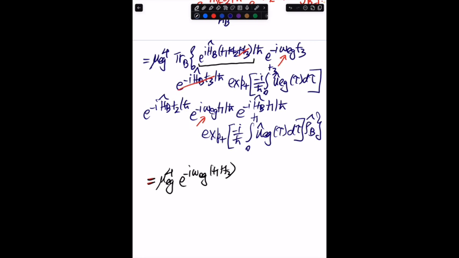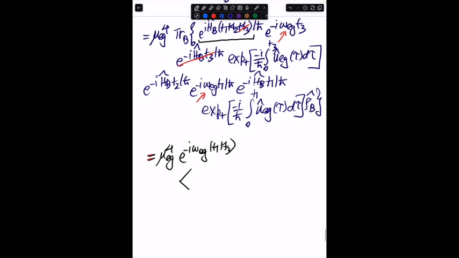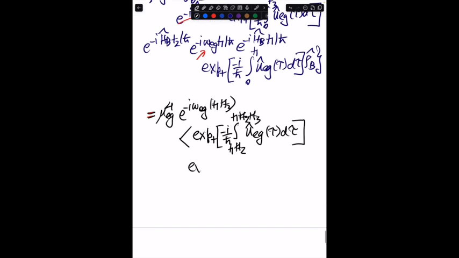times the equilibrium bath ensemble average, or expectation value, of two positive time ordered exponentials from t1 plus t2 to t1 plus t2 plus t3, and from 0 to t1.